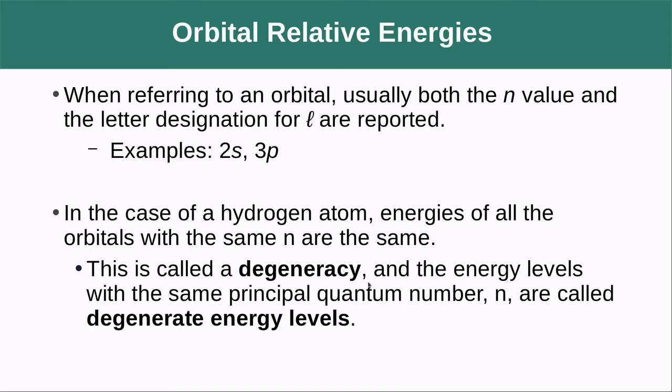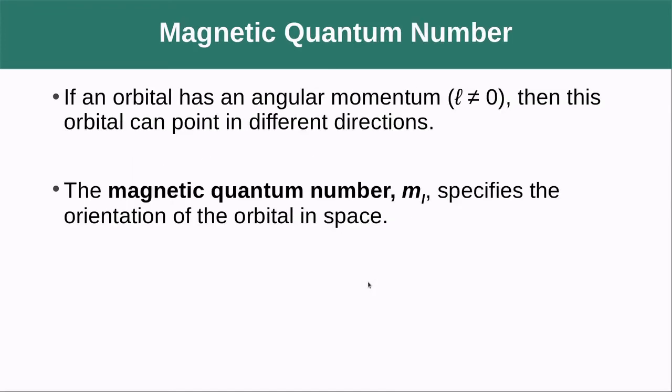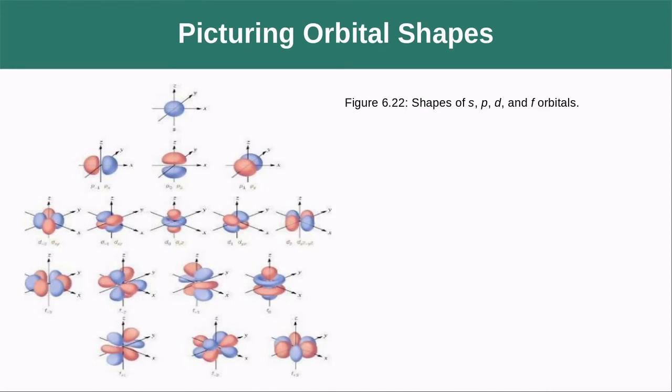So what that really means is if we come back here, for the p's, for instance, we have L equals 1. We're going to go from negative L to positive L. I actually said that wrong.